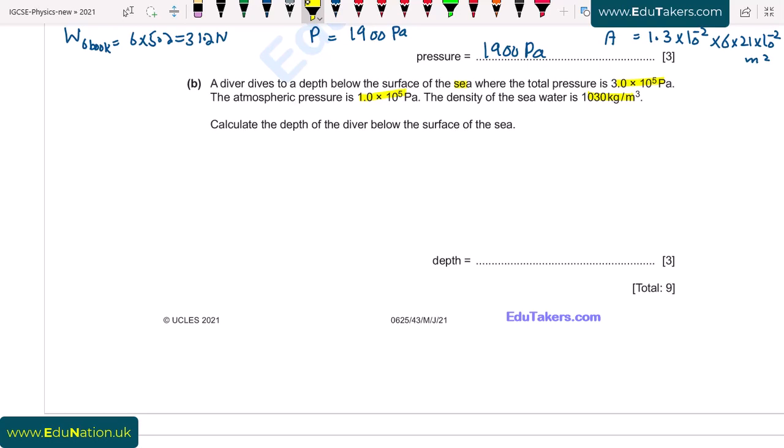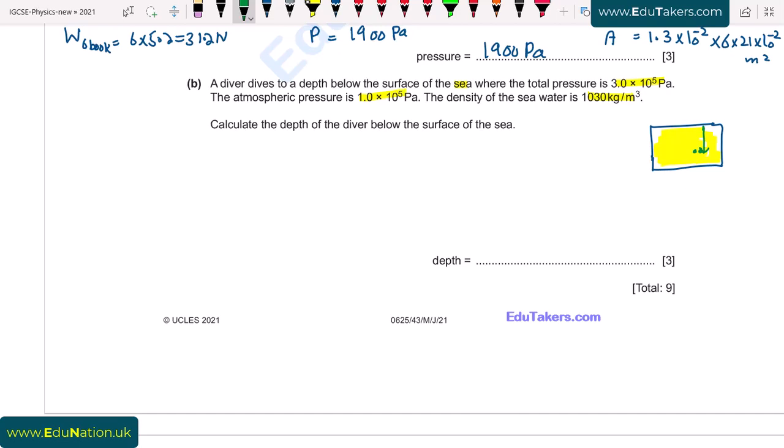So first of all, I consider a sea. Now I consider that the diver is below the surface of sea. So I consider that his position is this. At that position diver lies.